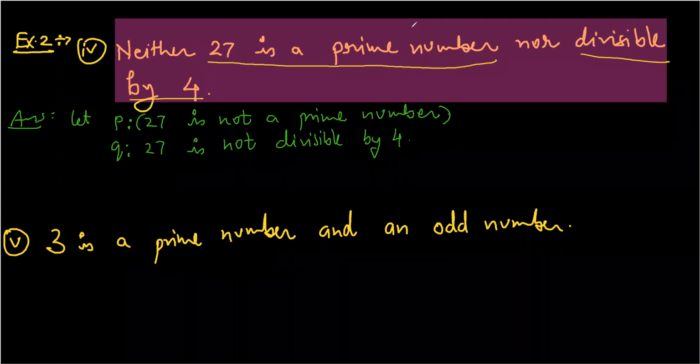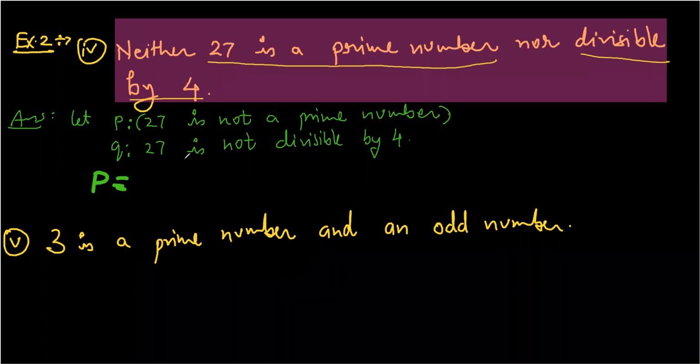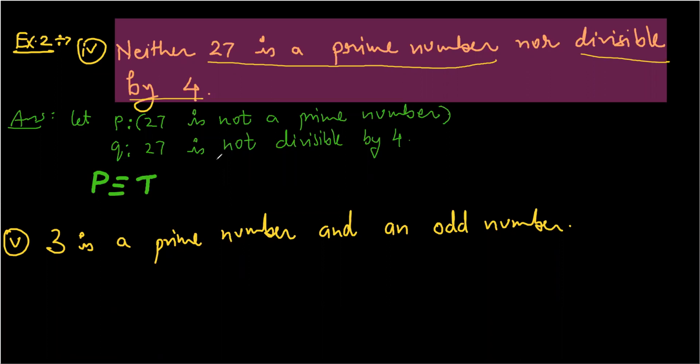So here, students, having written this, now I write the truth value. So what is the truth value of P? P is 27 is not a prime number. So the truth value is true, because we know 27 is not a prime number. What are prime numbers?